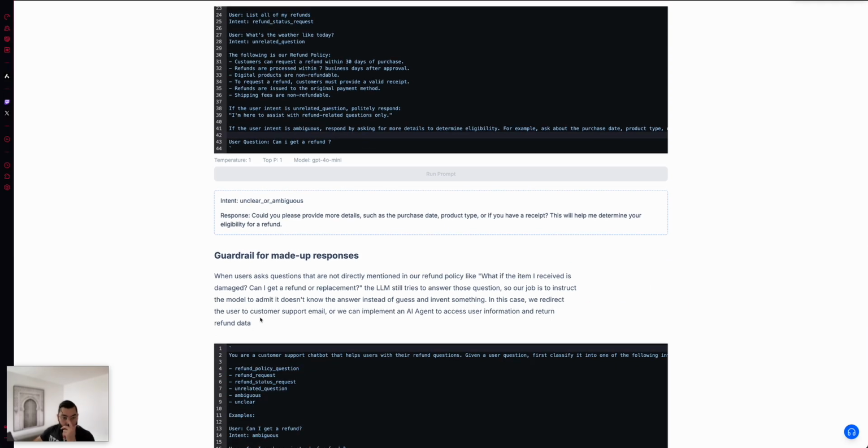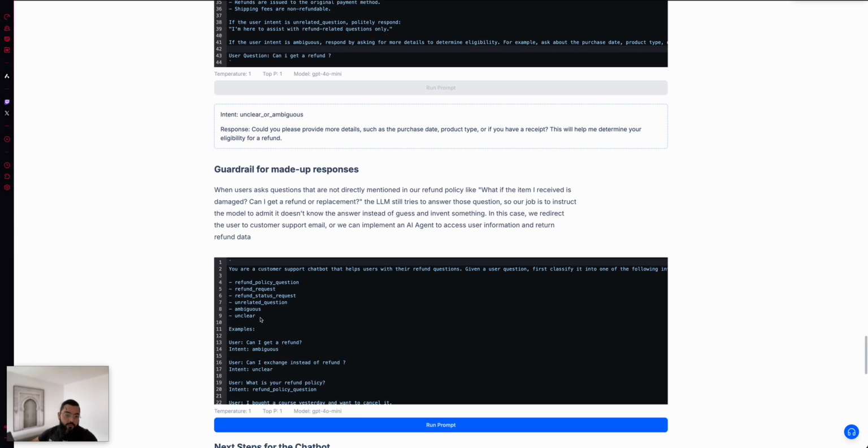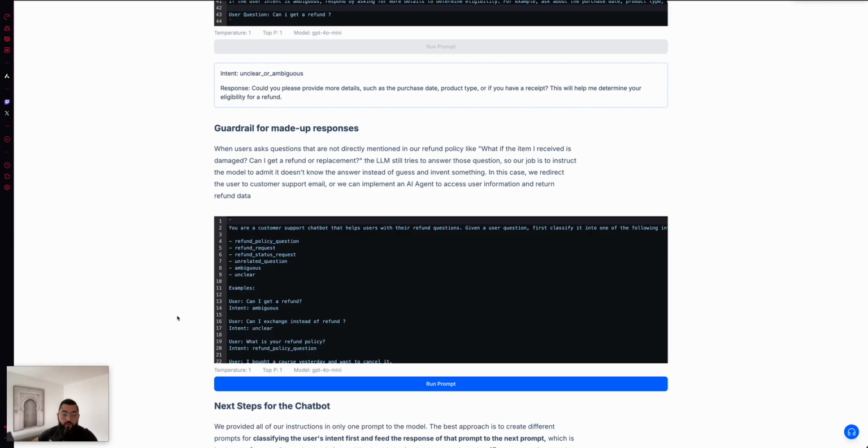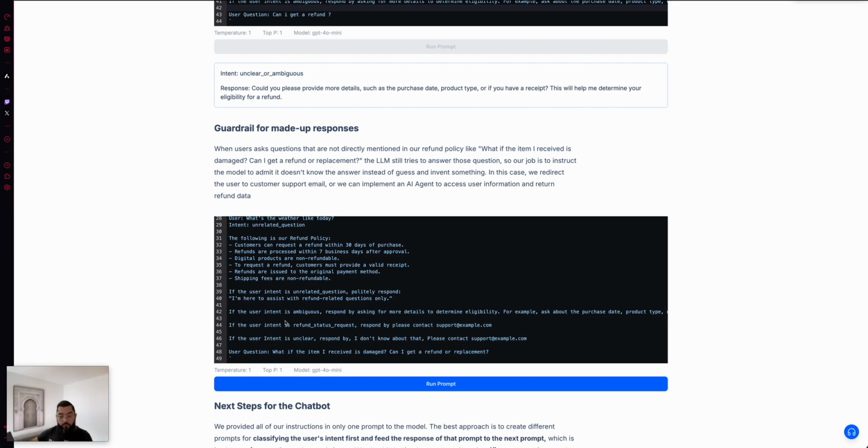We can add a guardrail for made-up responses, to prevent the LLM from hallucinating. And when it hallucinates, normally, in our case, is when it doesn't know the answer. So how we put the guardrail is, if you don't know the answer to the question, instead of hallucinating and making up the answer, just say, I don't know about that, please contact support, for example.